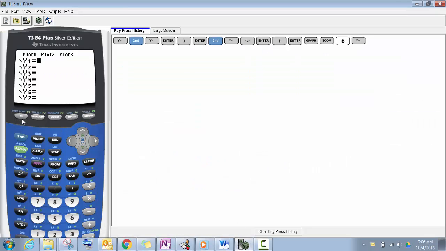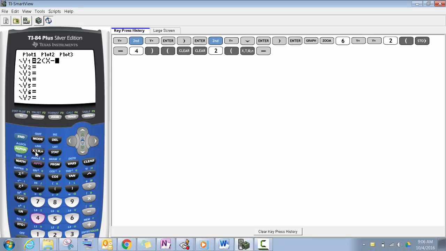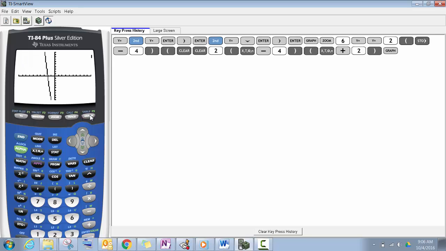So let's use the 84 first. You hit y equals, so you can type in your equation. We'll put in that first one, 2 times (x minus 4), then (x plus 2). You have to hit the x button there. And we hit the graph button.